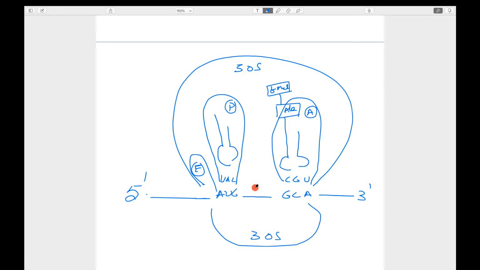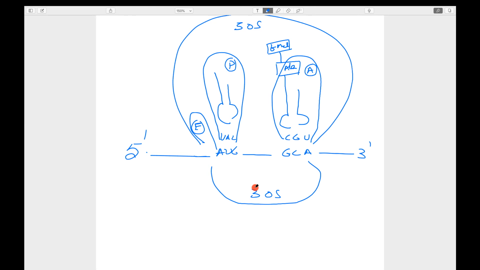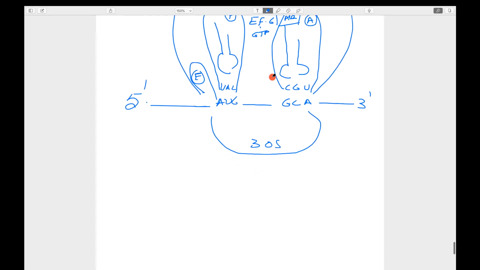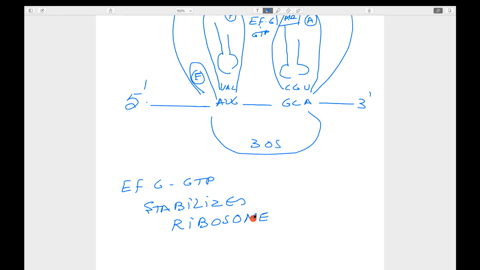Okay, then what happens here? Suppose I show the factor binding site with EFG GTP. Once it binds the factor binding site, the EFG GTP stabilizes the ribosome in the rotated hybrid state.